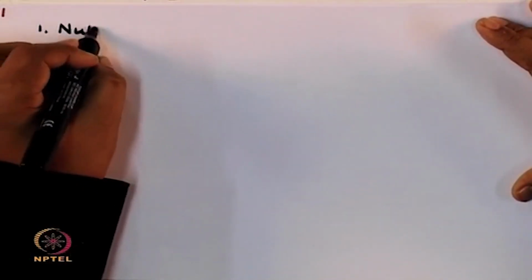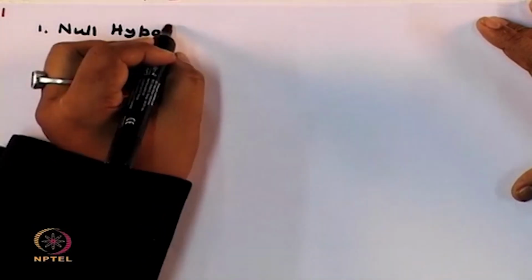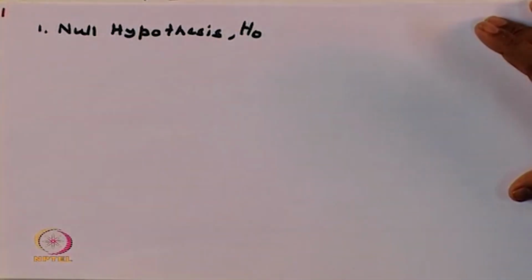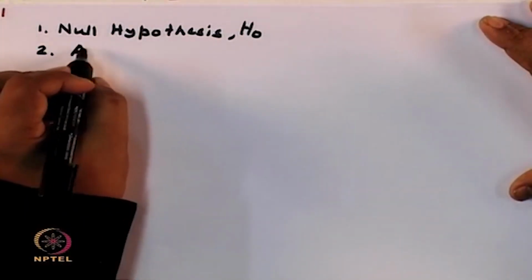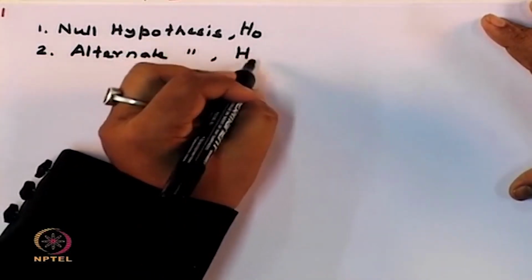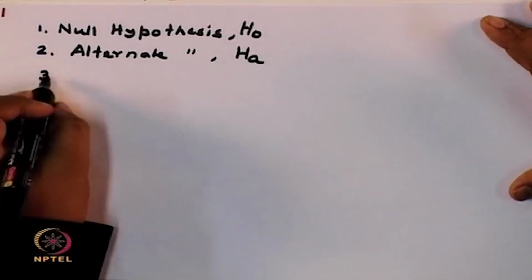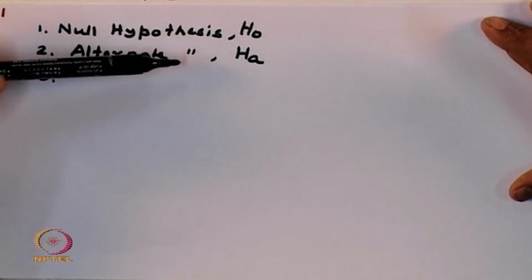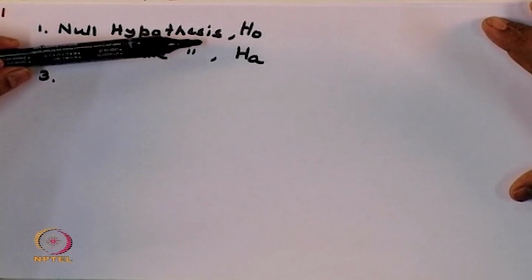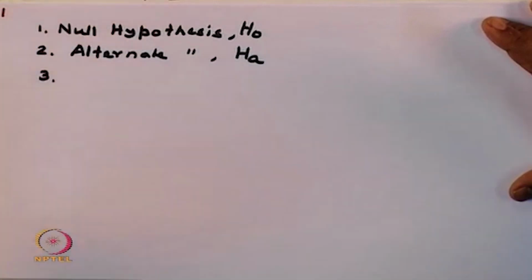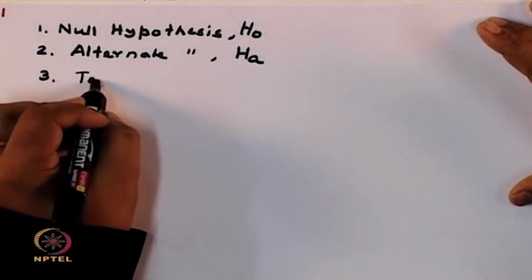The first one is the null hypothesis, which is written as H naught. The second one is the alternate hypothesis, referred to as HA. You make decisions as to whether your null hypothesis is true or the alternate hypothesis is true. You either accept the null hypothesis and reject the alternate, or you reject the null hypothesis and accept the alternate.